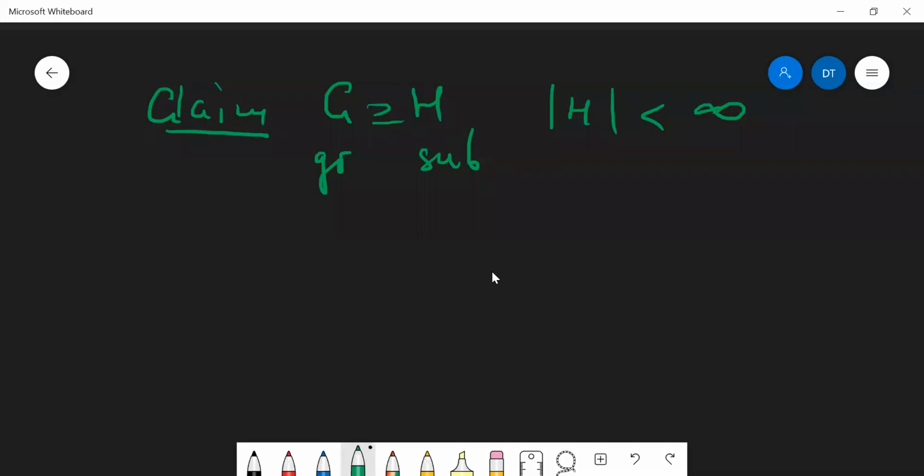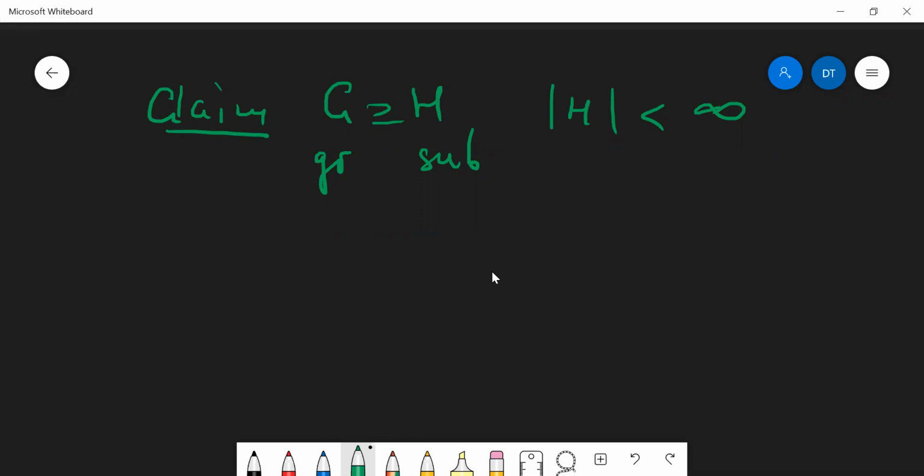We will use all the results in case the group G is finite. If you know what this means, it exactly means that two sets are equivalent. But for simplicity, I will assume that H has finitely many elements, but the proof will be general. So if you understand what it means, then you will get it.